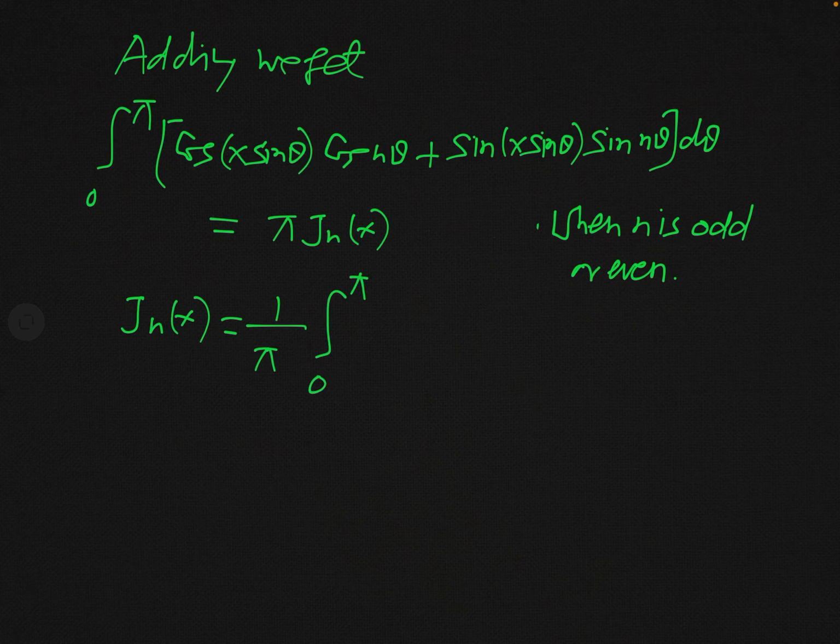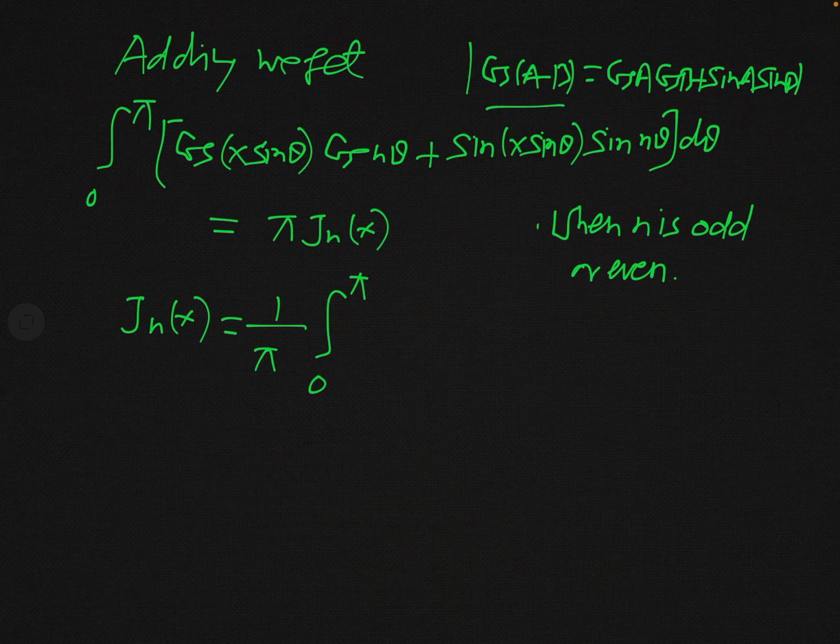Now see here, you know the formula cos a minus b is cos a into cos b plus sin a into sin b.